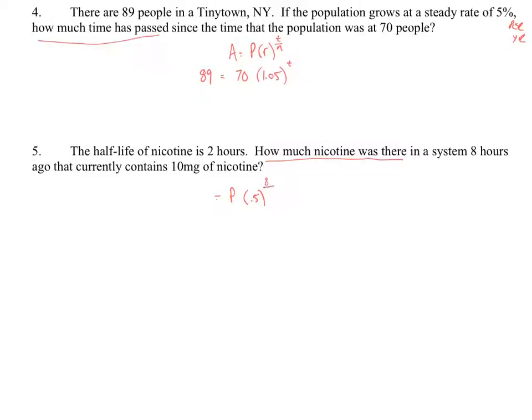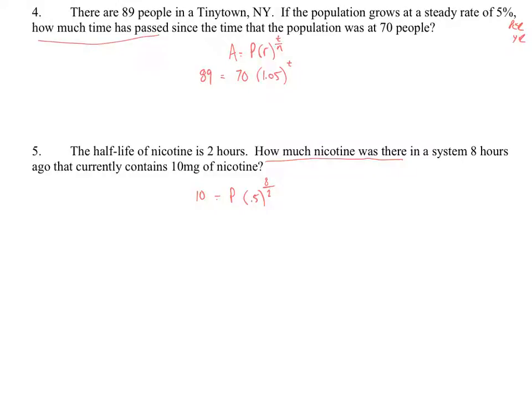And don't forget that your N is 2 because they say that the half-life is 2 hours, which means that this half-life kicks in every 2 hours. So you're going to take your time and divide it by that amount to figure out how many times the half-life has actually affected the system. And lastly, we currently have 10 milligrams.